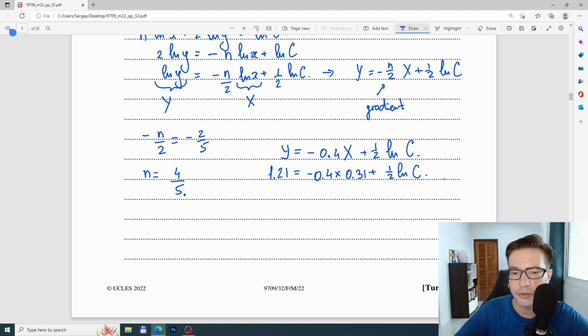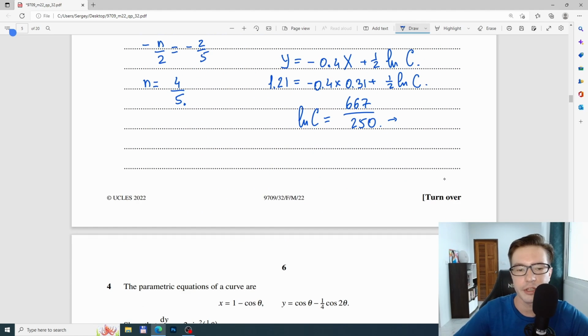And now I'll have to rearrange this equation and get log c, which is 667 over 250. And then raise e to the power of 667 over 250 to get c equals 14.41.